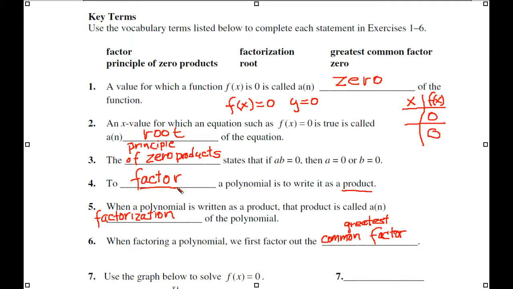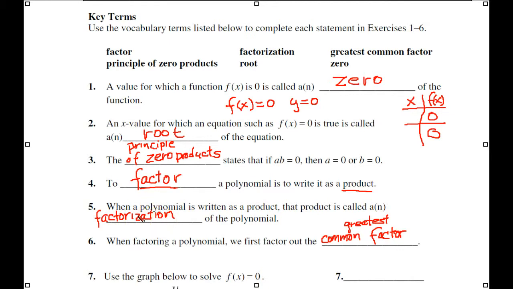So the factors, as we have here, a times b, these are factors. 0 is the product. When a polynomial is written as a product, the product is called a factorization of the polynomial. So we'll see examples of that. What do we mean by factorization?